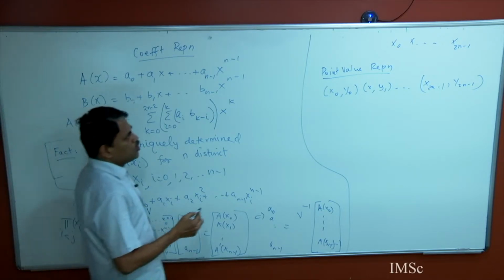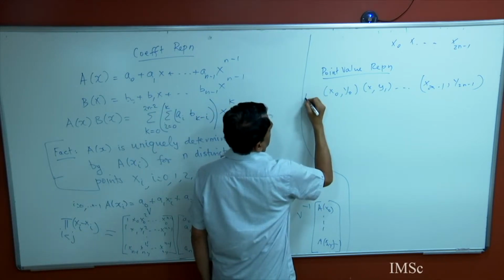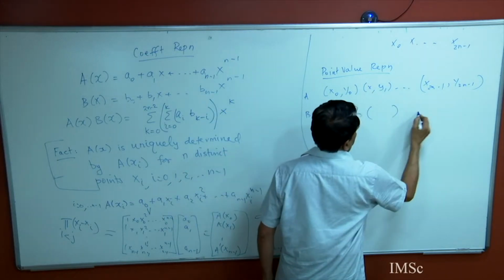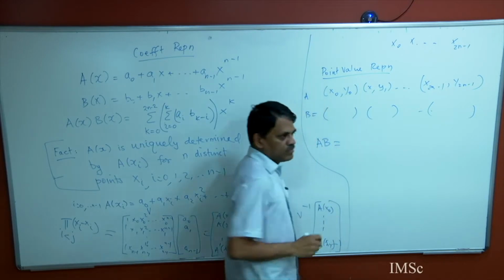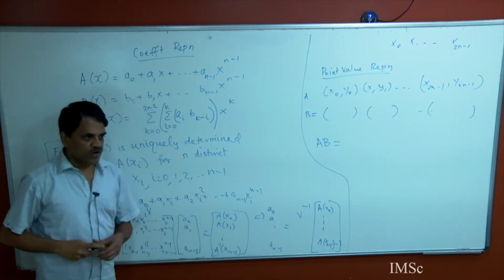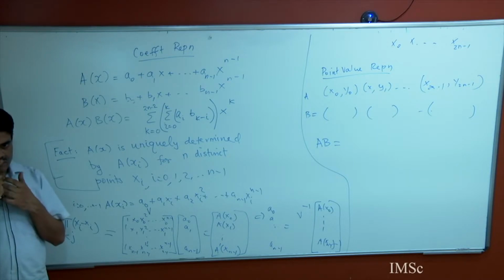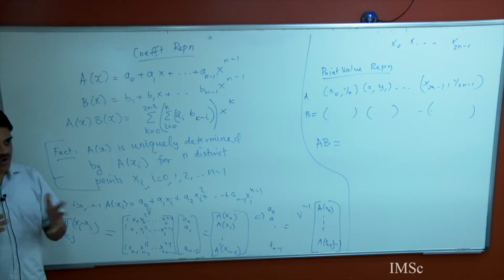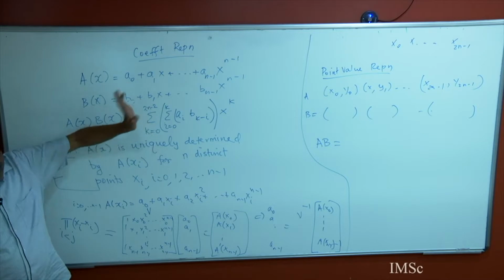So now if I have two polynomials A and B stored in this way, can I compute AB? How do I compute AB? So I have a polynomial A stored by evaluating the polynomial. Let's not worry about how much time it takes, we'll come to that.